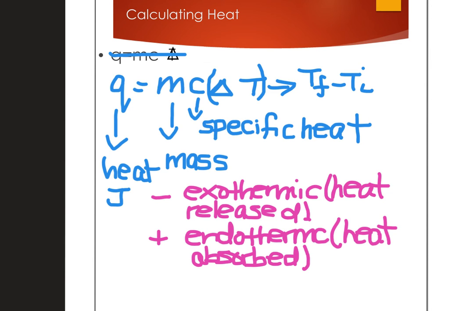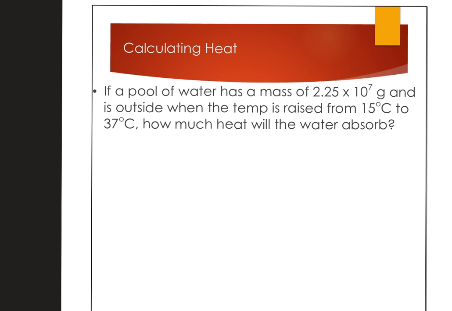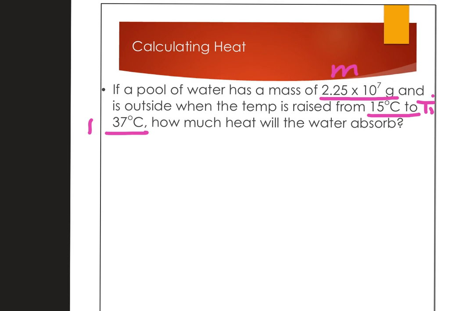Okay, so let's do some practice problems. If a pool of water has a mass of 2.25 times 10 to the 7 grams, so there is my M right there, I'm going to mark that, and is outside when the temp is raised from 15 to 37, so there's my T initial and my T final.